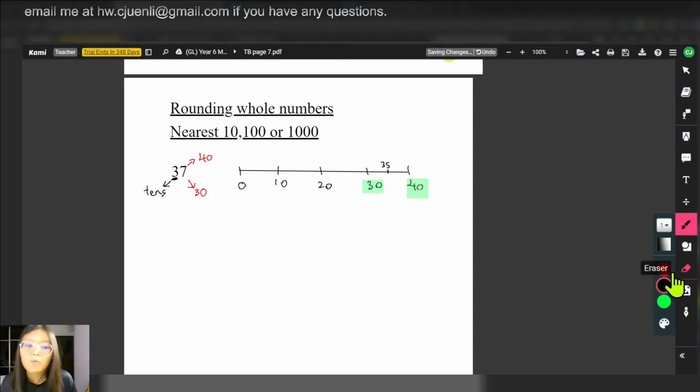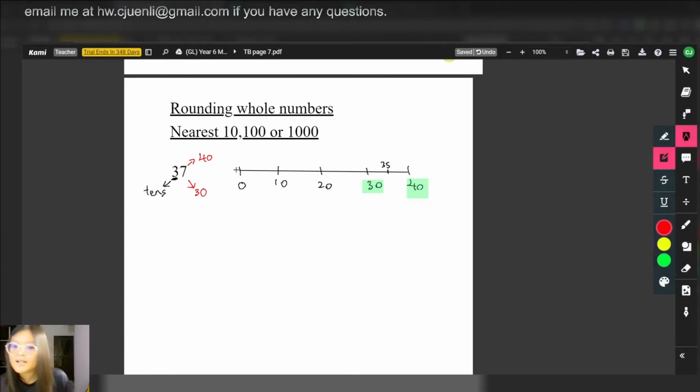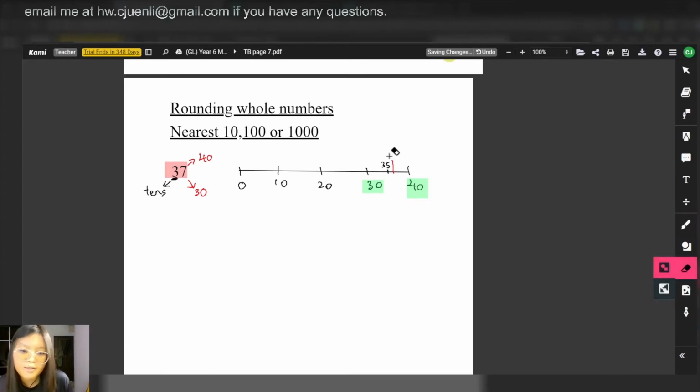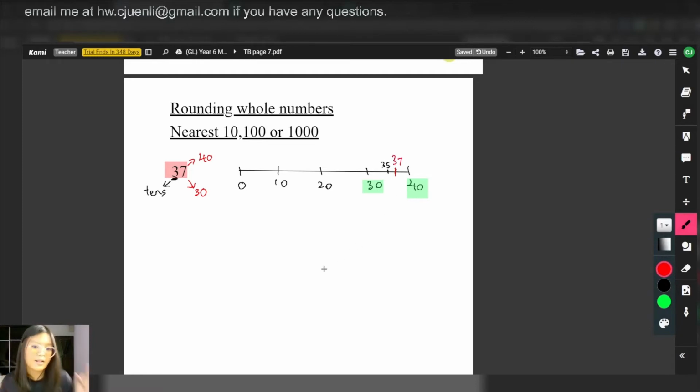And then now we're going to put in the number that we actually have, which is 37. So 37 is basically more than 35, so we're going to put it here, right? Let me just draw it much clearer for you. Over here, right? 37. Slightly bigger because that's the number we're going to look at.